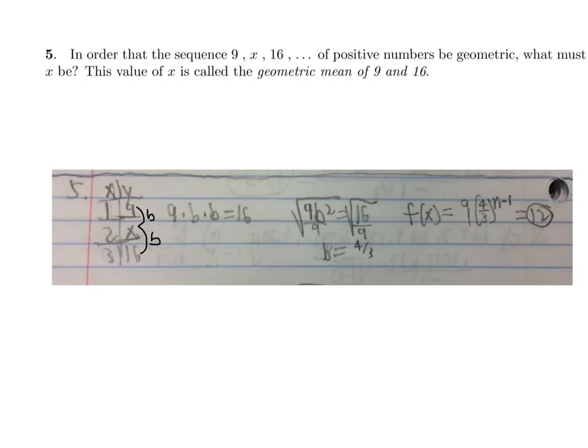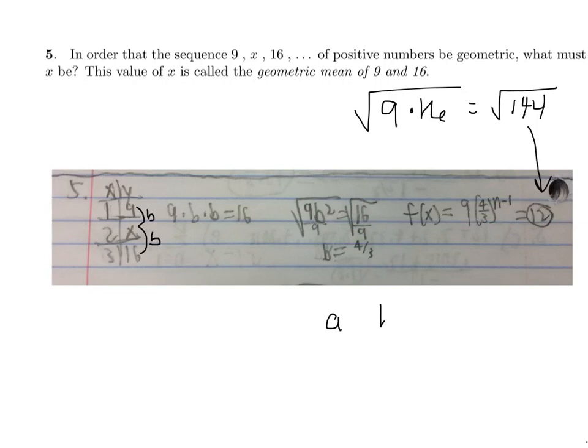Quick way for the geometric mean is you would take the square root of 9 times 16. Shortcut, square root of 144, which is 12. So the geometric mean of A and B would be the square root of A times B.